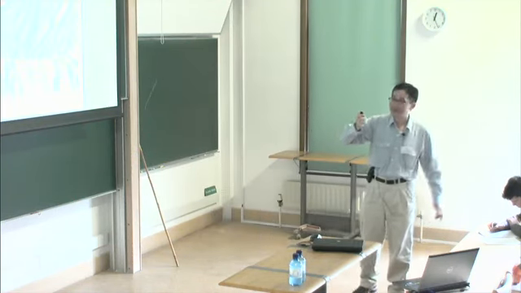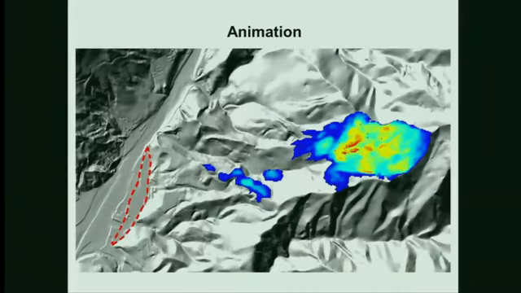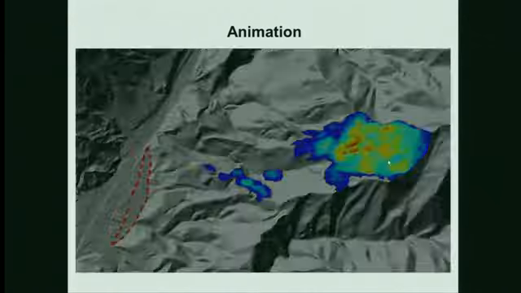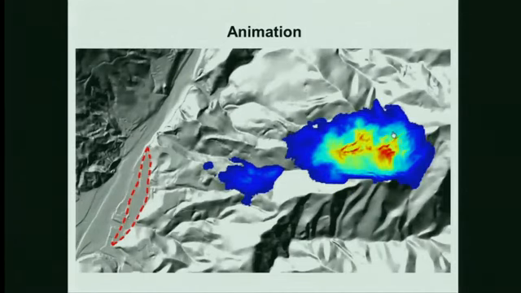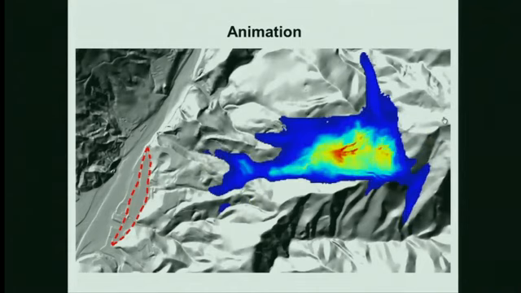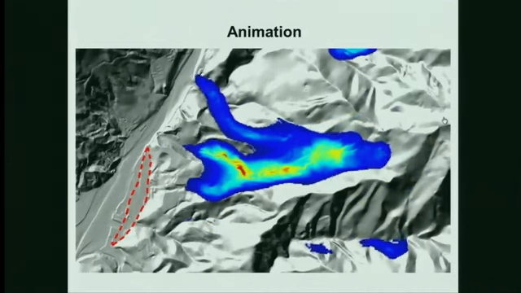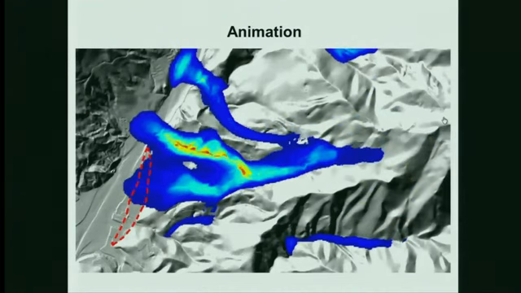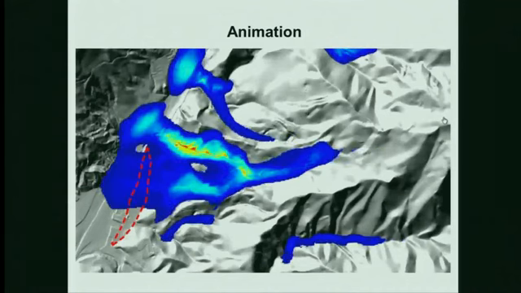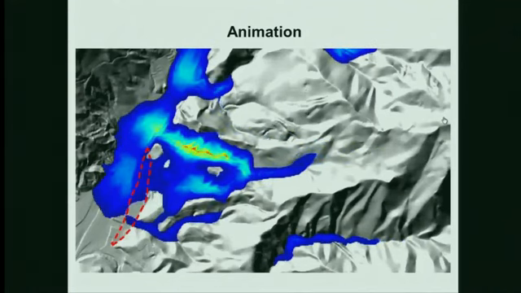You can find the main stream goes from here, and part of the stream attacks the northern part of the village. We need some evidence to support our simulations.